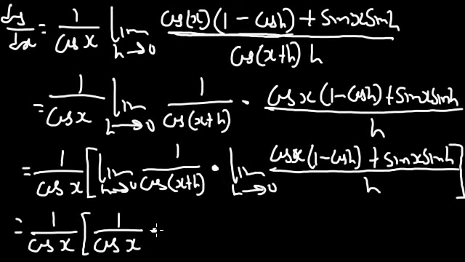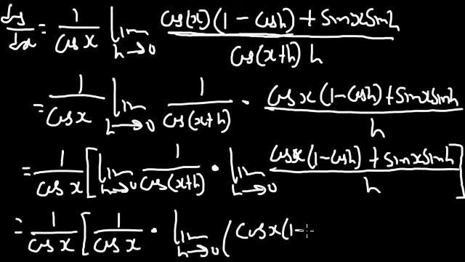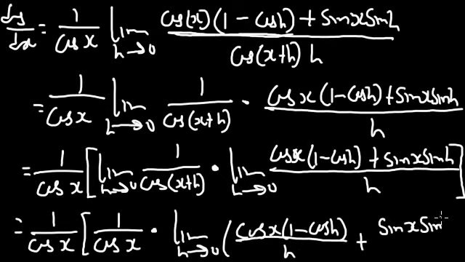Perfect. Times, now let's split this one as well. We have the limit as h approaches 0. So I'm distributing h for this term and this term. Limit as h approaches 0 of cosine x multiplied by 1 minus cos h divided by h, then plus sine x sine h divided by h. Very good. Then we see the box bracket.